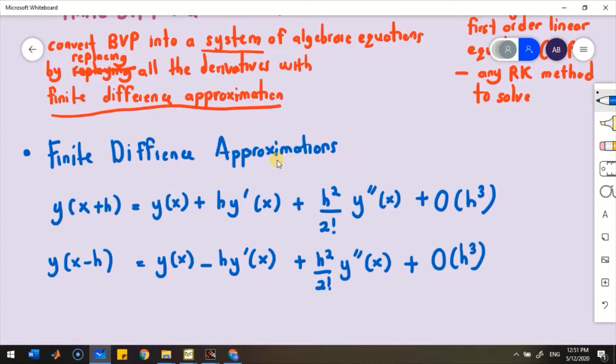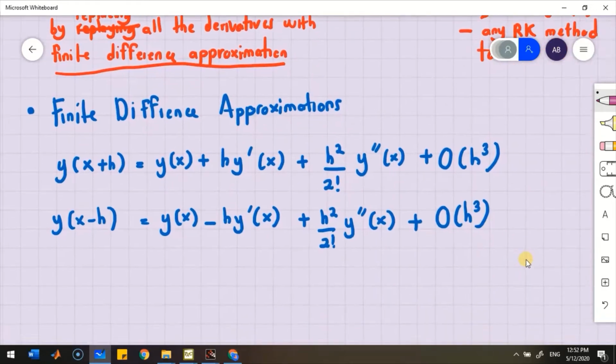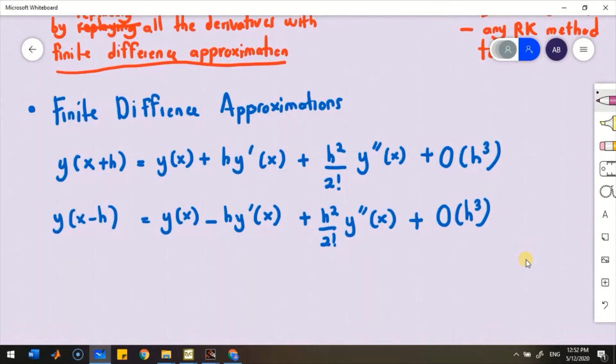Okay, so to get the first order finite approximation, let's look at only the first order equation first. Let me label it equation 1, equation 2.